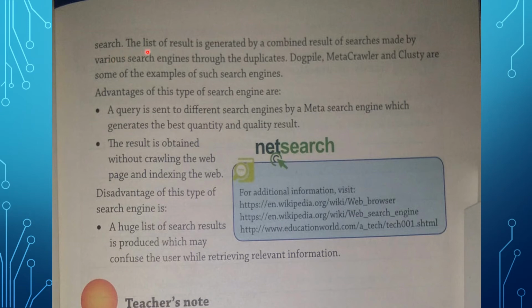The list of results is generated by combining the results of searches made by various search engines, removing duplicates. Dogpile, Metacrawler, and Clusty are some examples.